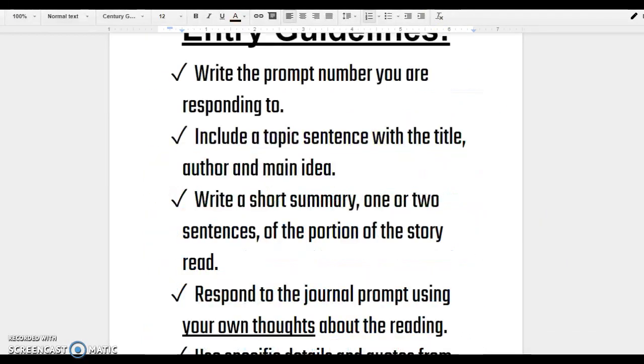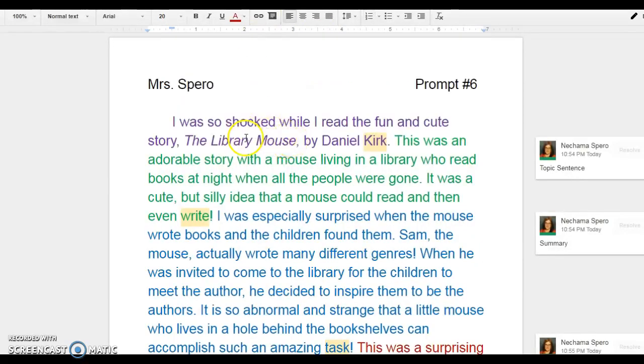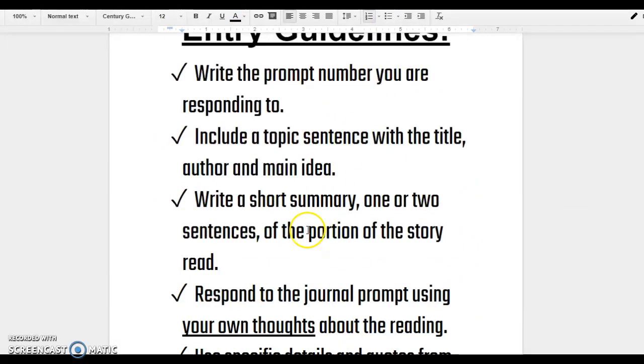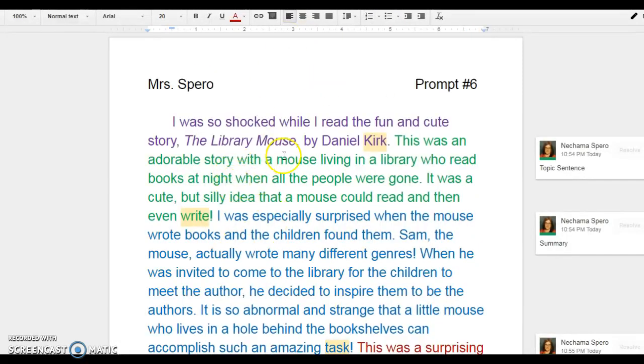Next, we included a topic sentence with a title, author, and main idea. Yes, we definitely did that. There's the title, there's the author, and I was so shocked. That was the main idea. That was how I was feeling. Wrote a short summary of the part read. That was the green.